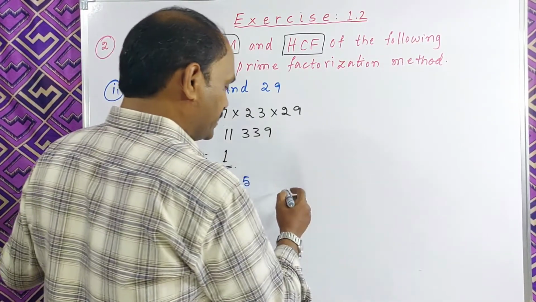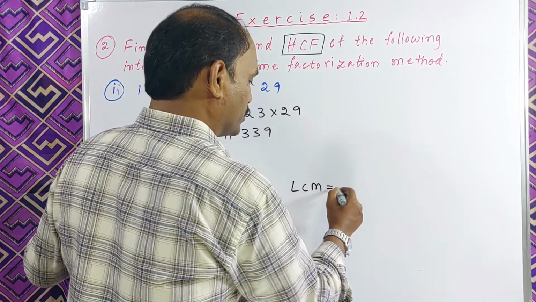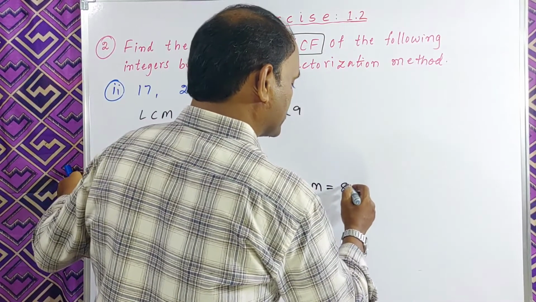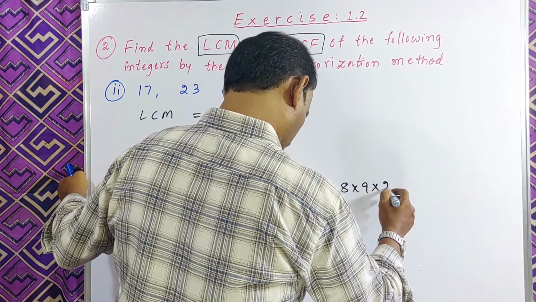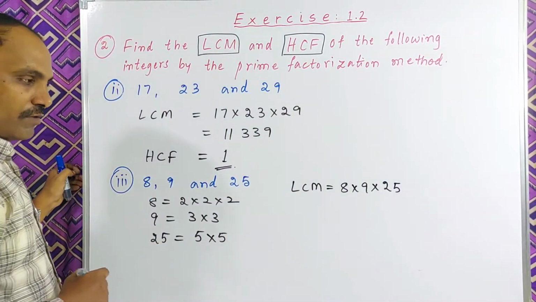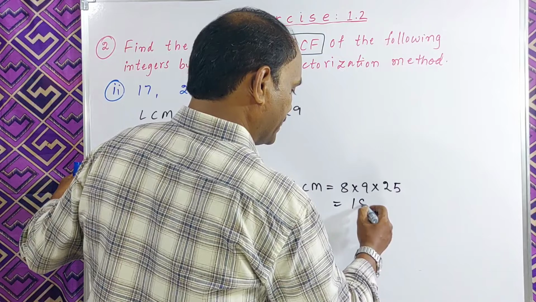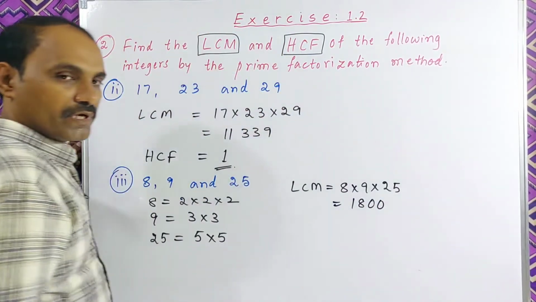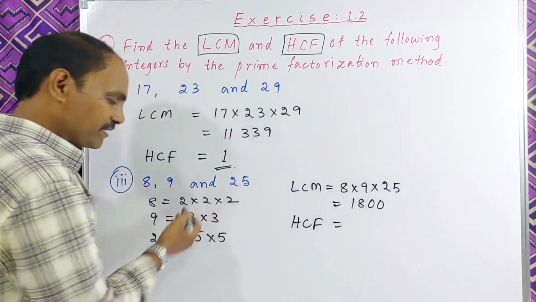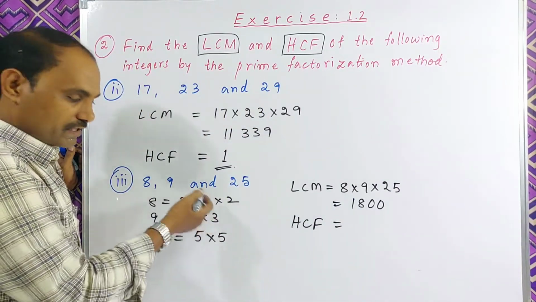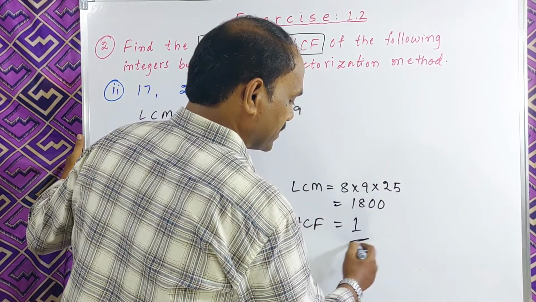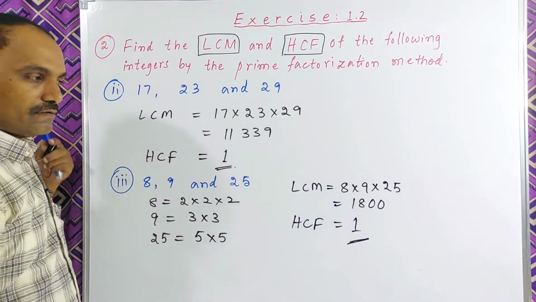That's why here LCM is the product of these 3 numbers, 8 into 9 into 25. How much? 1800. Again HCF: among them no common factor is there. That's why in this case also HCF is 1 only.